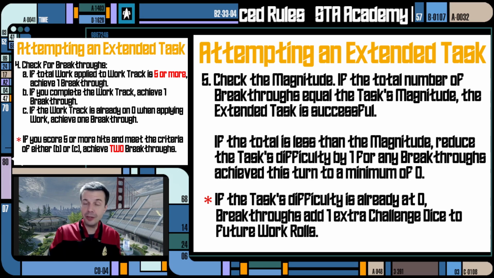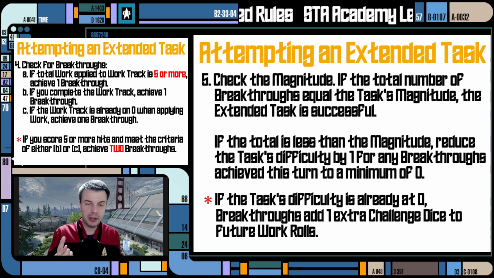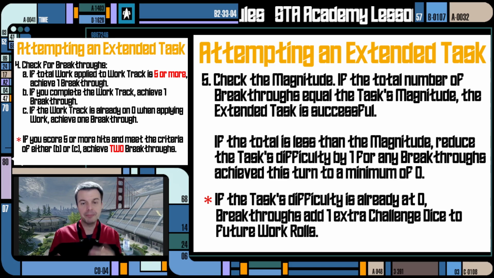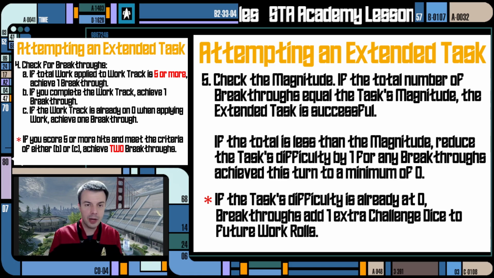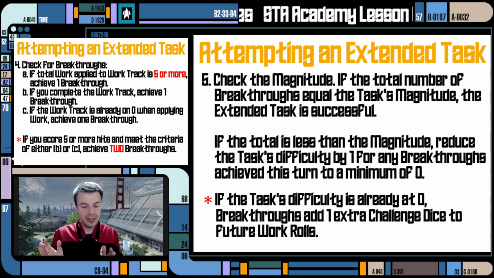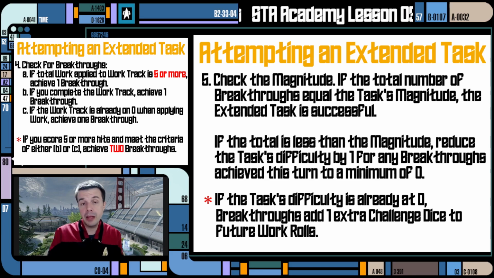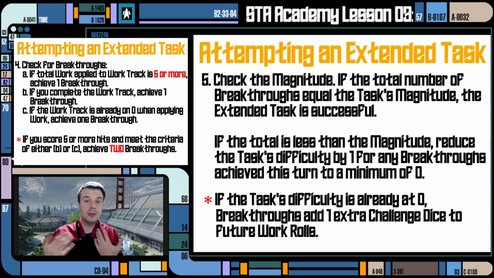So if you're at 0 and you score 4 hits, it's not 4 breakthroughs. No, it's just 1 breakthrough. And again, if multiple versions of those situations apply at the same time, you're going to get both breakthroughs. Okay? That is how an extended task is done. And of course, as soon as the breakthroughs equal the magnitude, it's over.